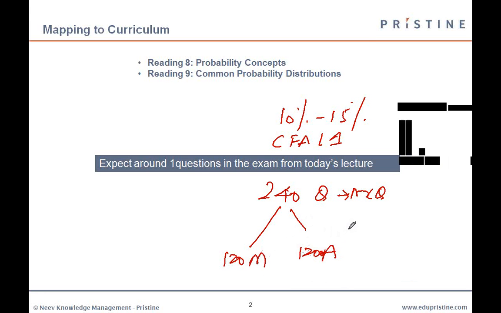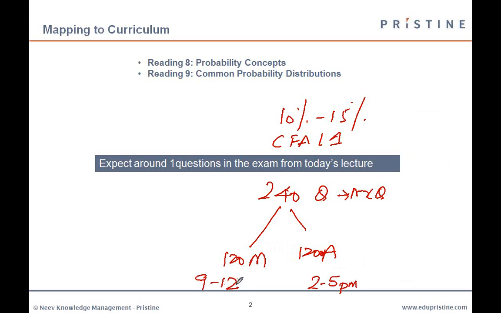Your CFA level 1 exam has 2 sessions. Morning session, which usually happens 9 to 12, and afternoon session that usually happens 2 to 5 p.m. All right. Each session is 3 hours duration. In the morning session you have 120 multiple choice questions, and similarly in the afternoon session you have 120 multiple choice questions.